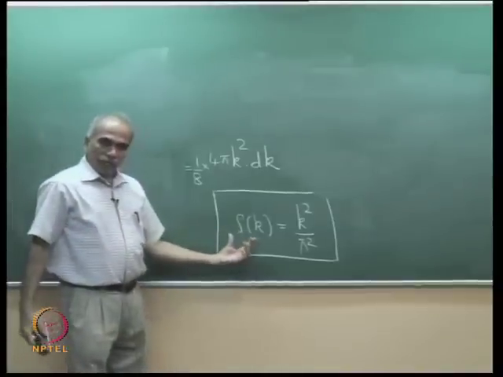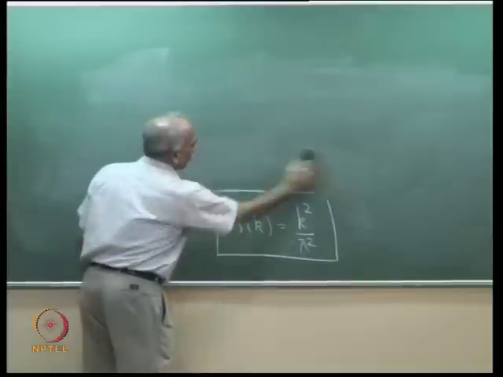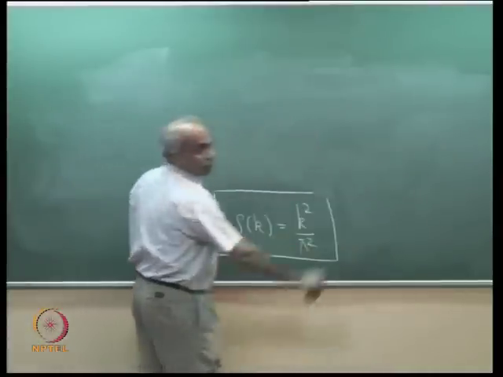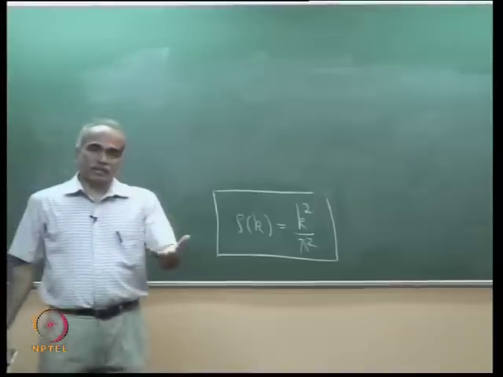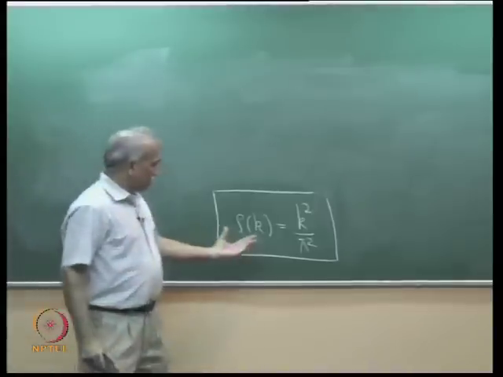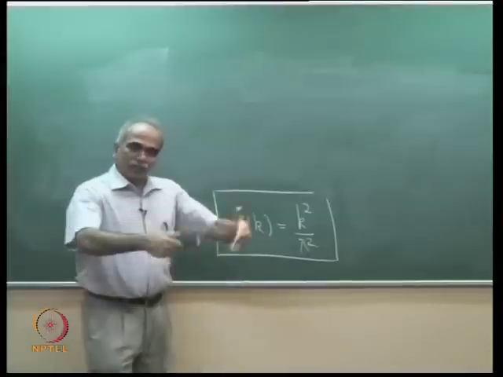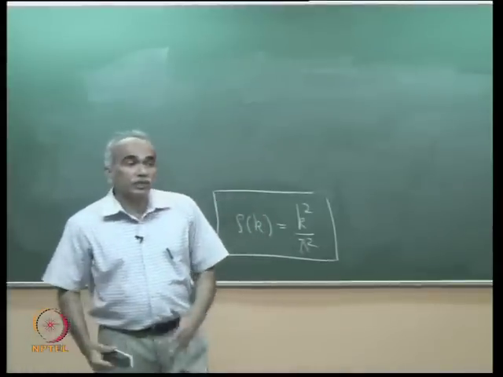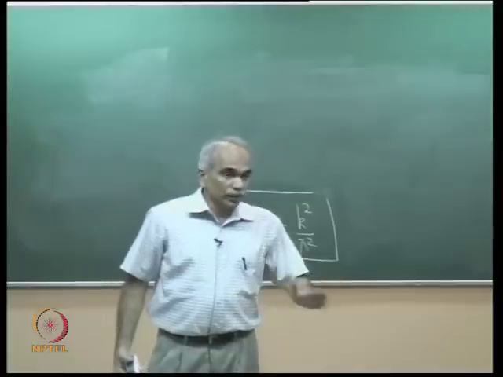Now, rho of k is the density of states in the K space, but normally we need the density in the energy space, because all the rest of the parameters which we get, like the probability of occupation, which is given by the Fermi function, are also in the energy state.